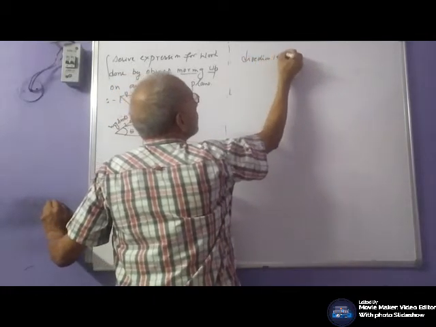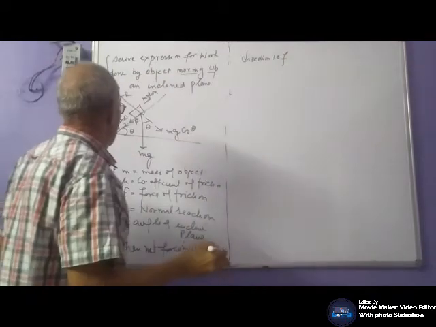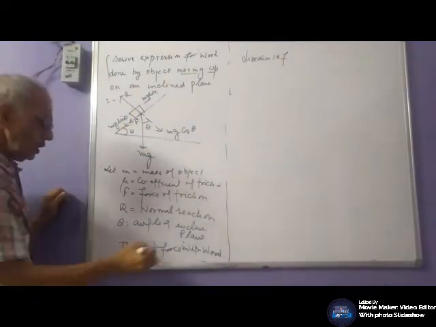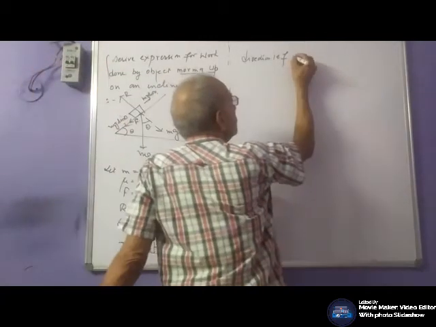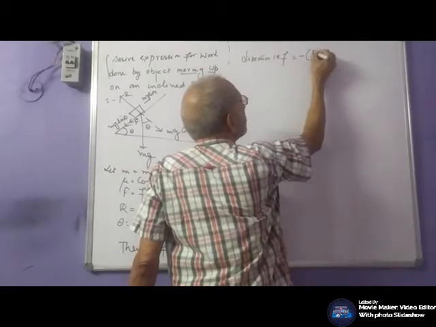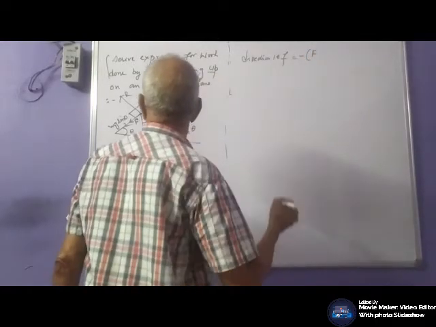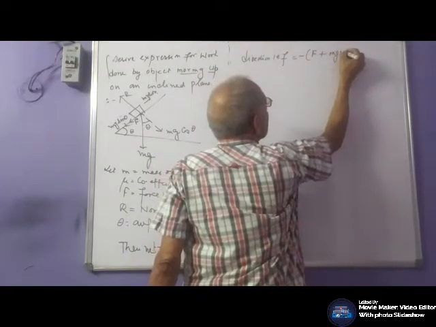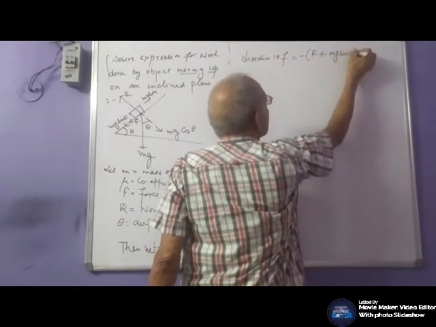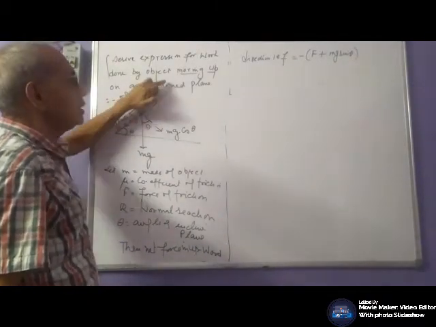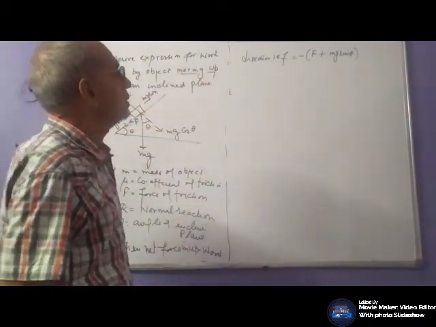that is small f. This force is in the downward direction. In upward direction, the force is minus F plus mg sin theta, because this force is in the downward direction, so force in upward will be this.